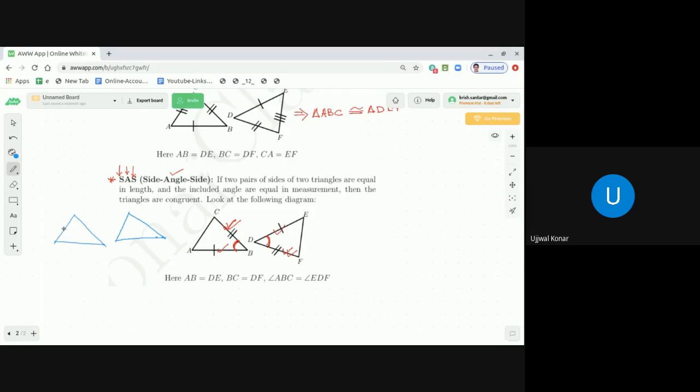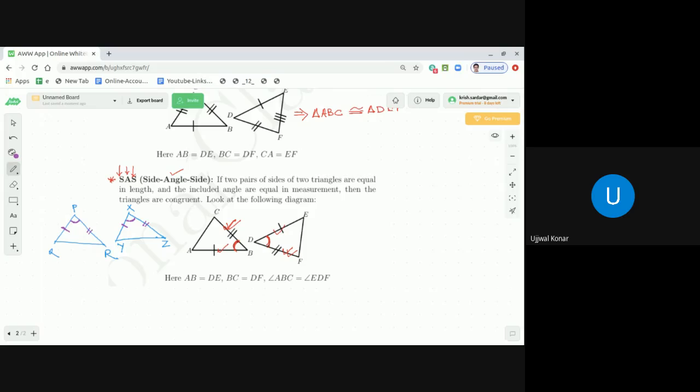Suppose I name these triangles P, Q, R and X, Y, Z. Now if we see that PQ is equal to XY and PR is equal to XZ, then we should take the included angle of PQ and PR, not the other angle. And similarly, the included angle of XY and XZ, that is this one, YXZ. Then we can say that these two triangles are congruent under SAS.